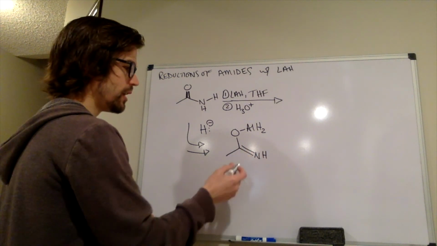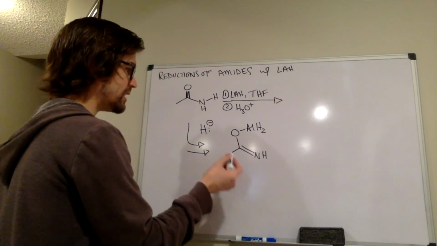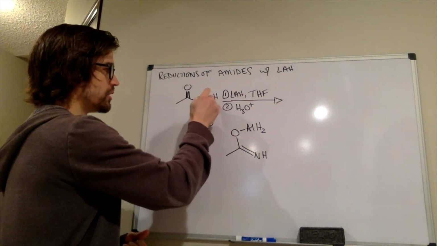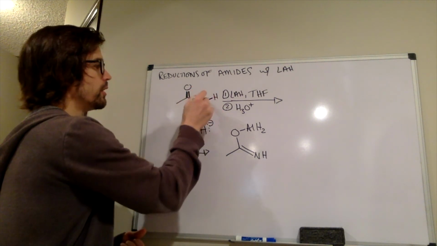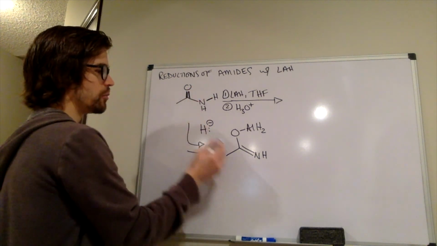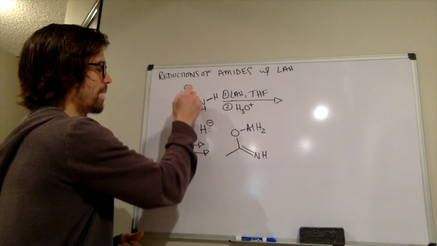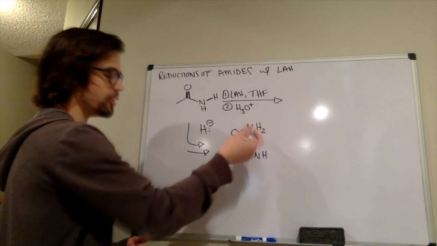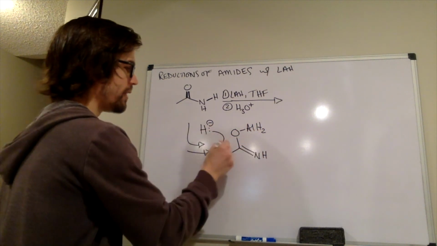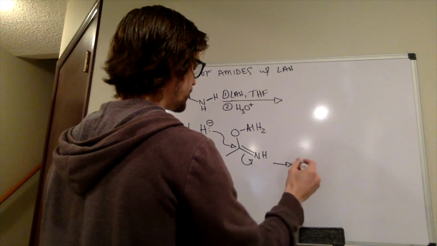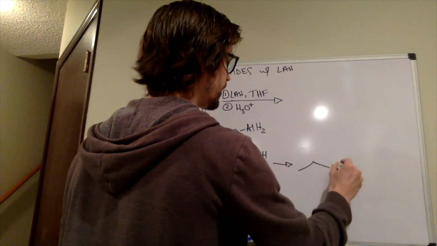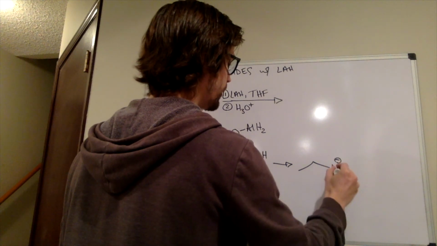We're going to form some intermediate with a C double bond N. By deprotonation of this nitrogen-hydrogen bond, the electrons in that would be forming the pi bond there, and then the pi bond here would come up to make the aluminum bond. But then at that point, this hydride can add in, form a tetrahedral intermediate that's pretty unstable if we think about it.